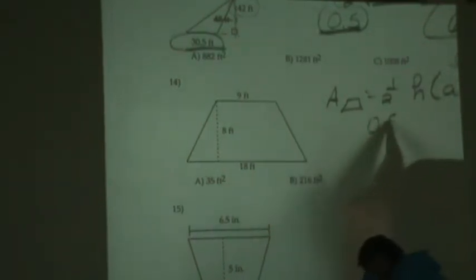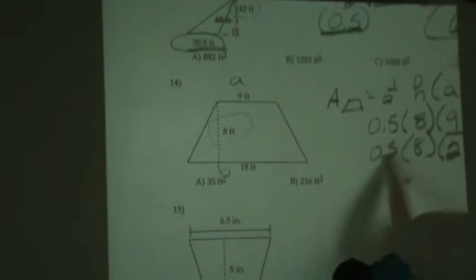Come on. The height is 8 feet, and these are your A and B. So you have 9 plus 18, which is 27, right? So put all that into the calculator. 1/2 times 8 times 27. So it's 108 square feet, right?